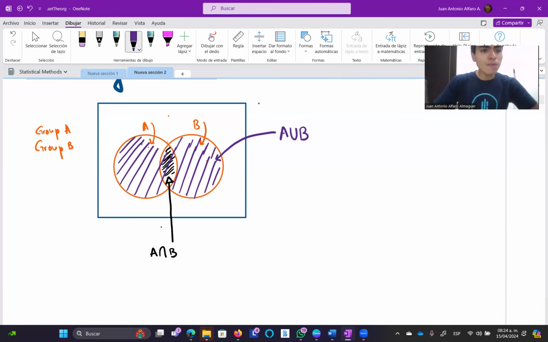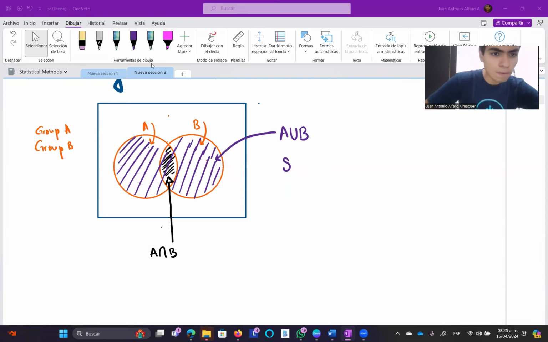And everything that is outside of one of those elements can be denoted with this symbol, the S. So let's clarify.